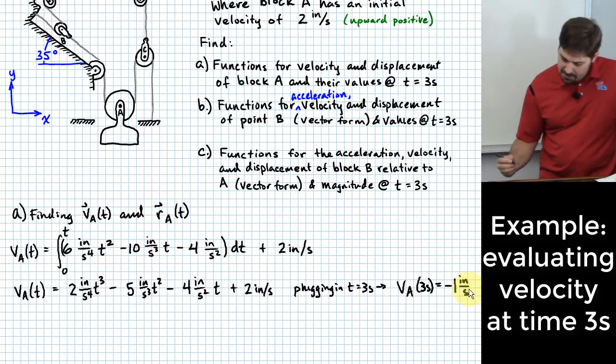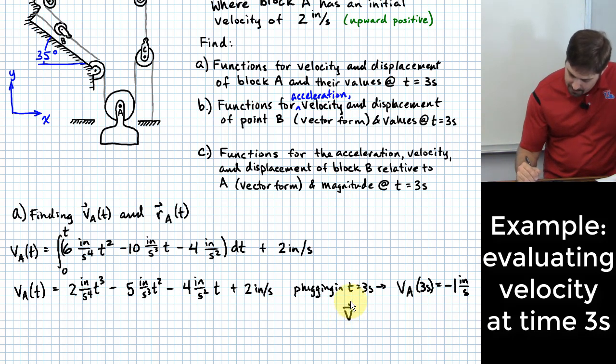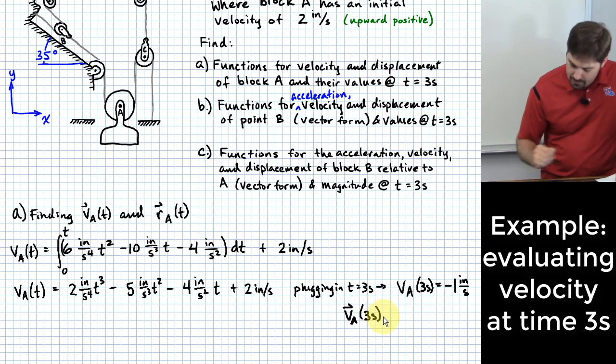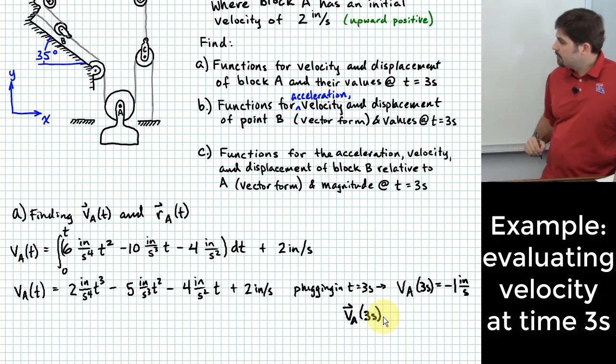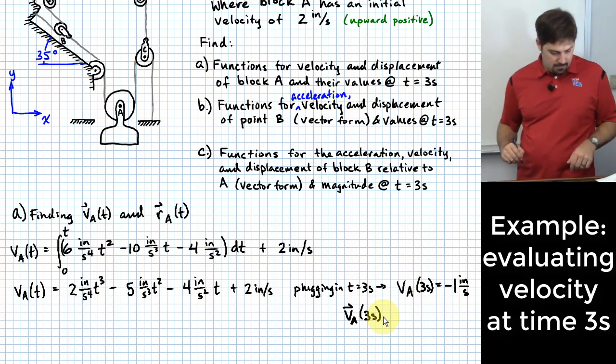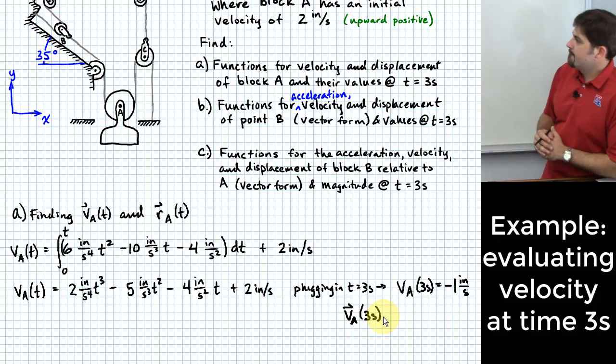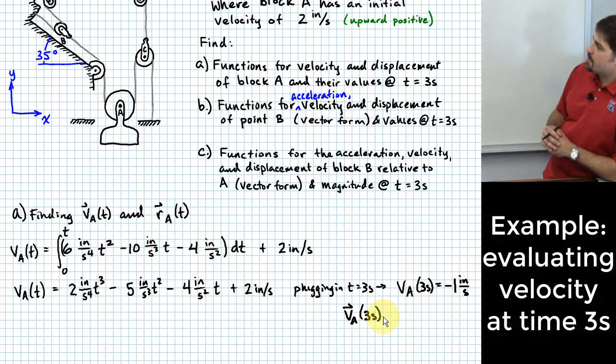And if I want to express this as a vector, v vector A at 3 seconds, what direction is it going? Based on what you see on here, what direction does it look like block A is going to move in this situation?